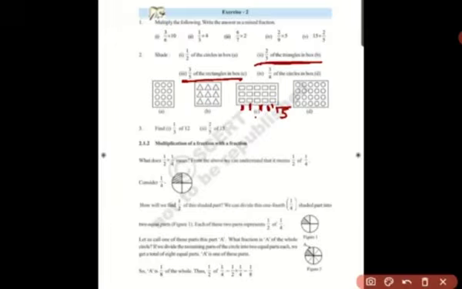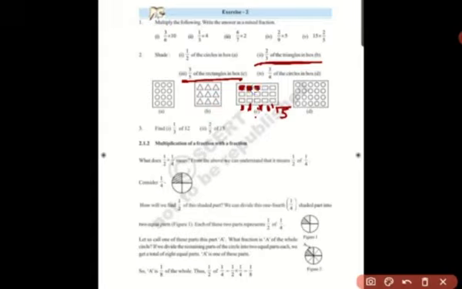Okay, so out of these 5 columns they are asking to shade 3 in each of the columns. Okay, so 1 2 3 4 5. Okay, so in each of these you will shade how many? 3.